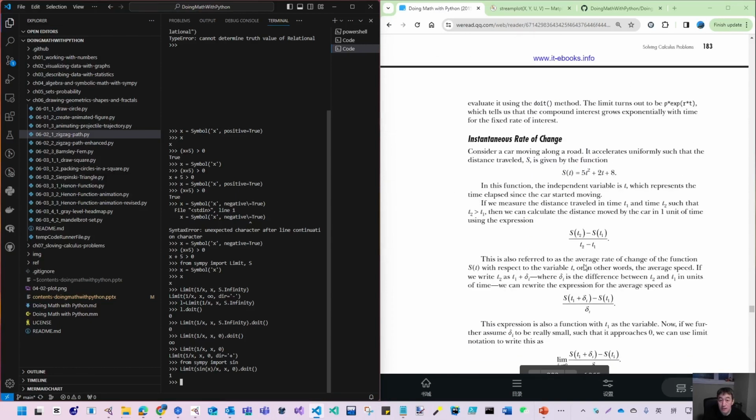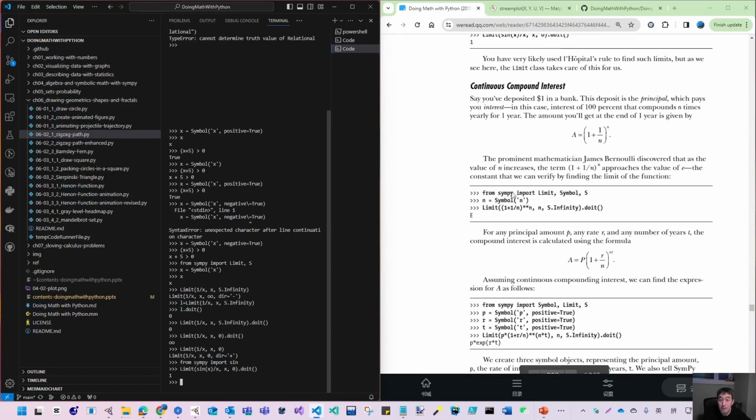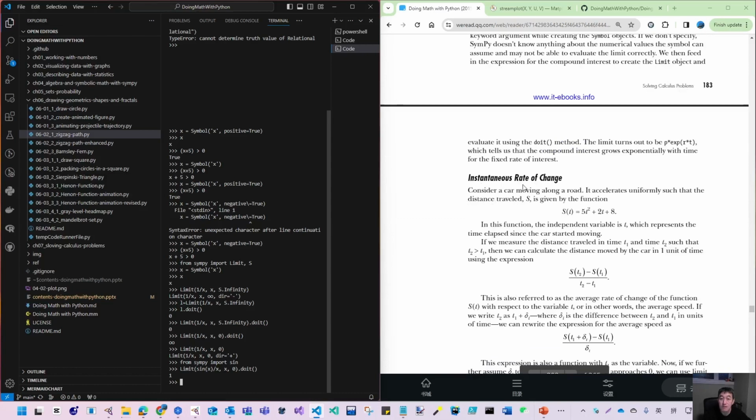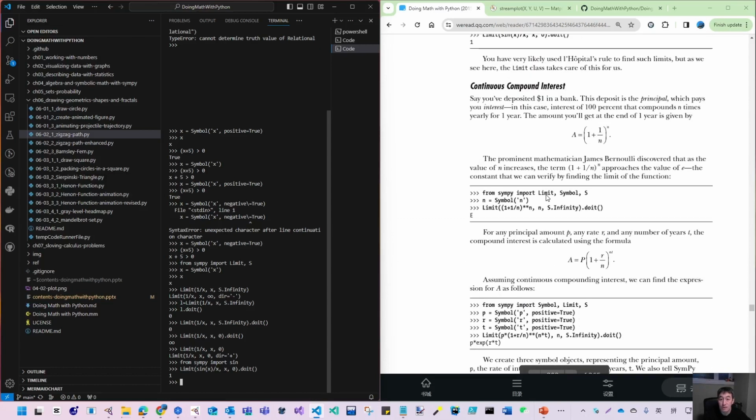So let's see. We may have continuous compound and also the instant rate of change to do this testing. These are the two samples, but we just use the terminal to calculate that. So consider you deposit $1 in a bank. This deposit is the principal. So your principal is $1 in the bank, which pays you interest.